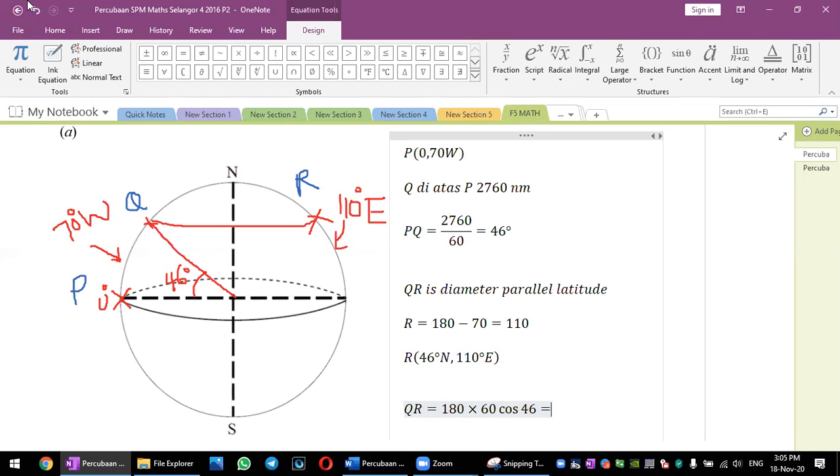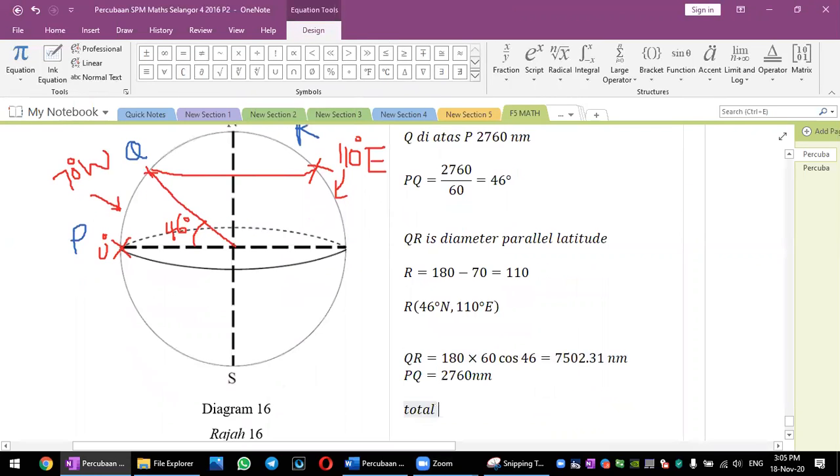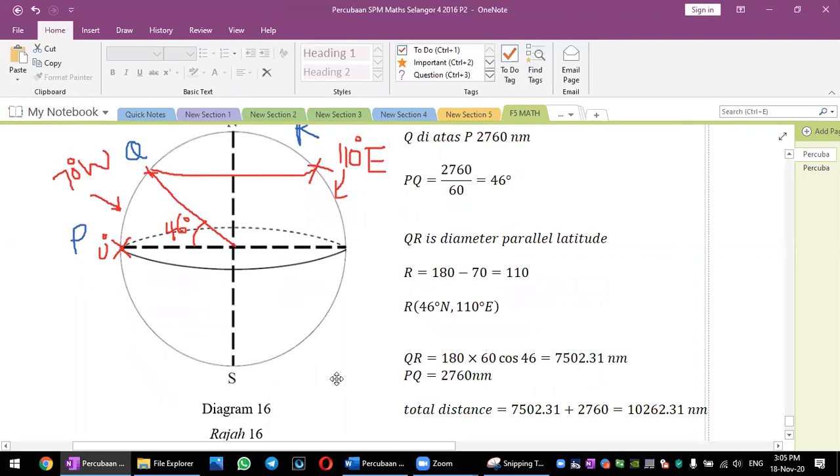So you will get here, what you get here? 7502.31 nautical miles. And then PQ tak payah cari ya. PQ is 2760. So the total distance is what? Jumlah jarak, you just plus 7502.31 plus 2760. So it's 10262.31 nautical miles.